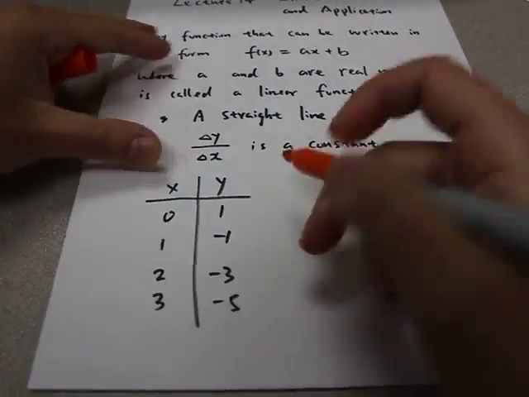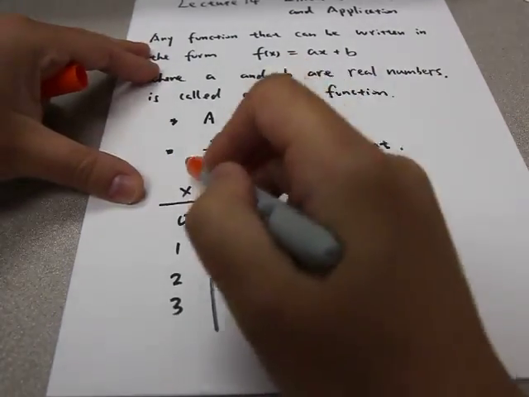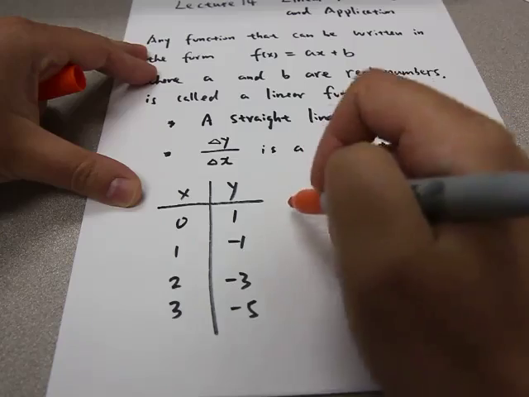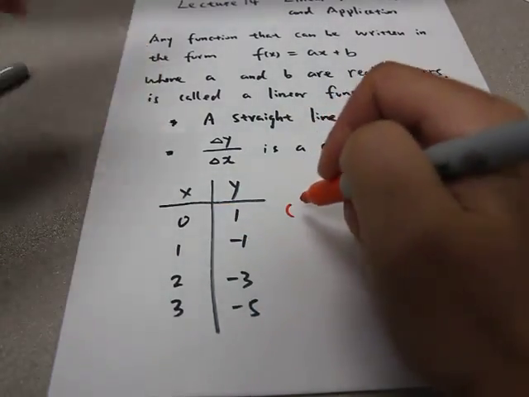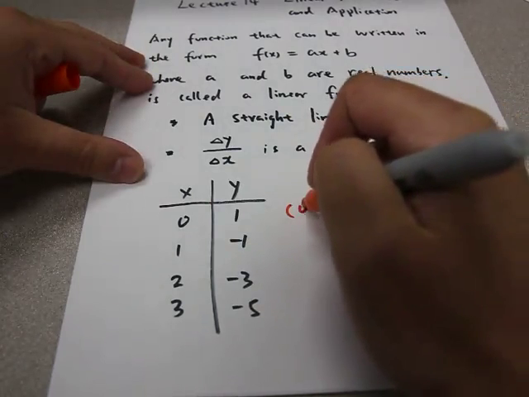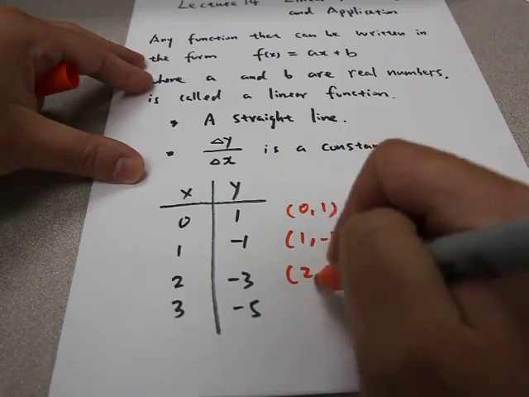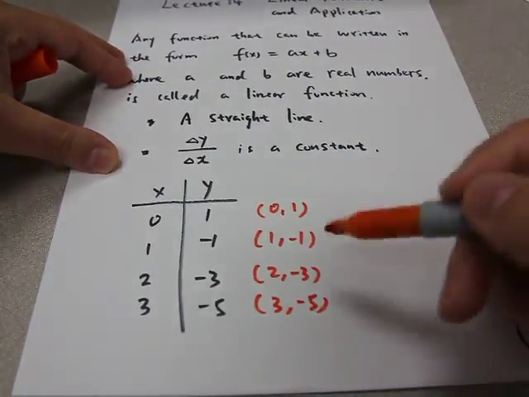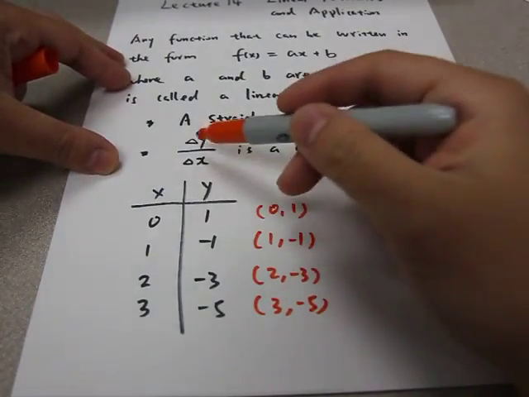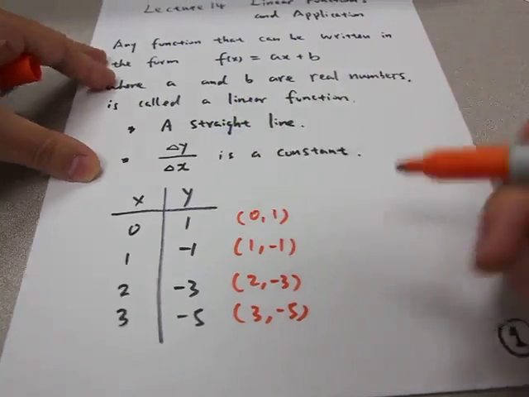To tell whether this table represents a linear function or not, we can use the second property, because according to this table, we have 4 ordered pairs.